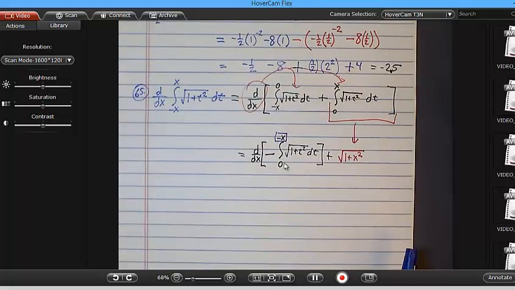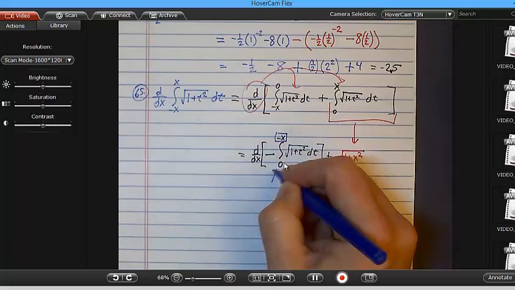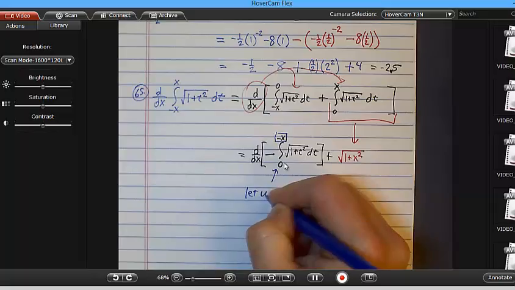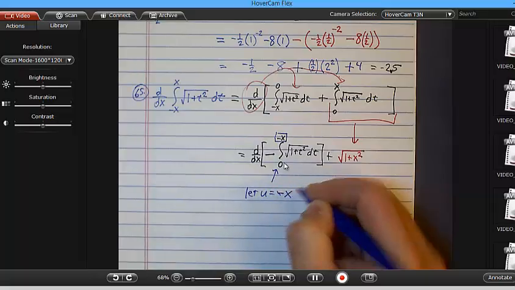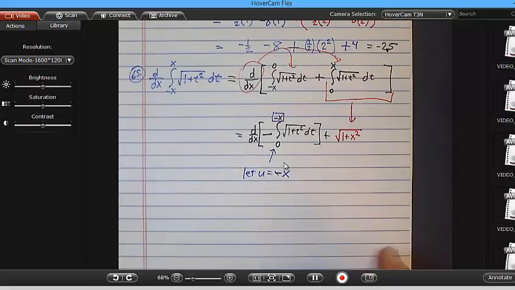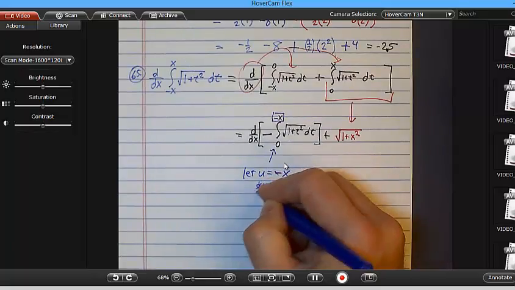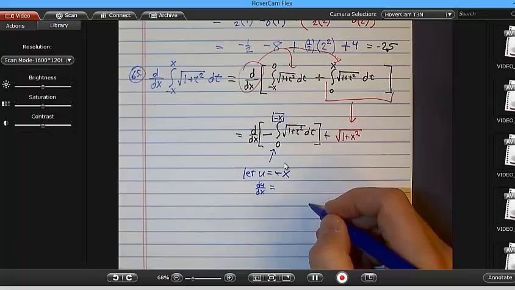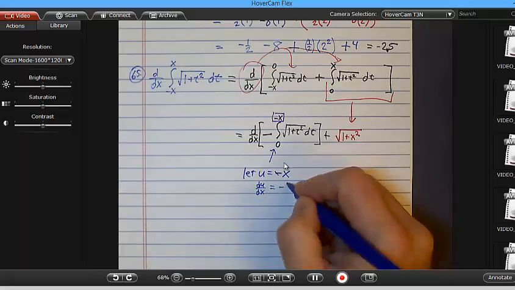So I'll say here, let u equal negative x. Then what's du dx? Negative 1.